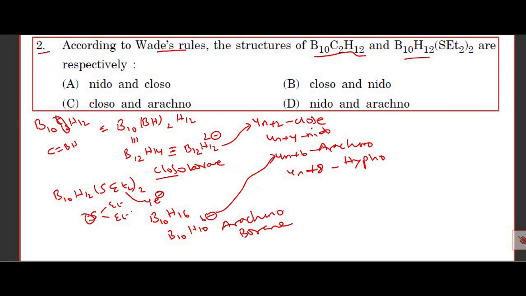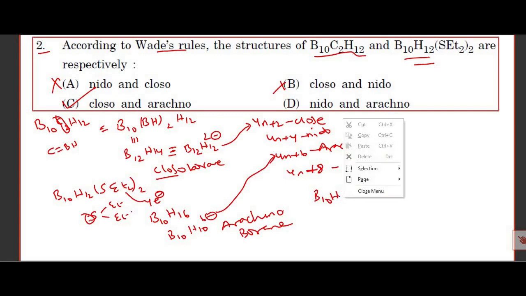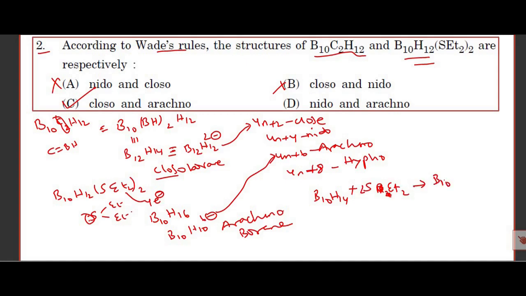Hence the given compound, what they are asking is nido and closo. No, this is not closo and nido. No, closo and arachno. Option C is correct. This compound is obtained by B10H14 with ET2, which gives B10H12 SET twice.